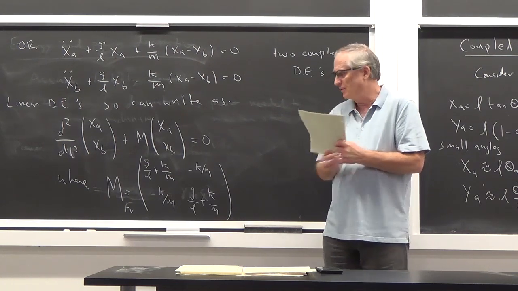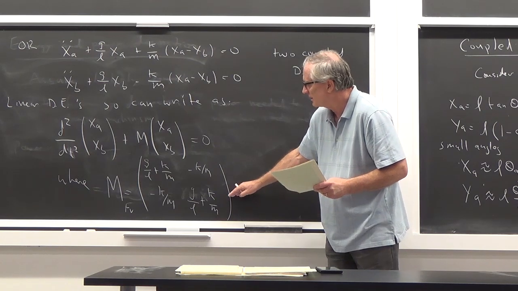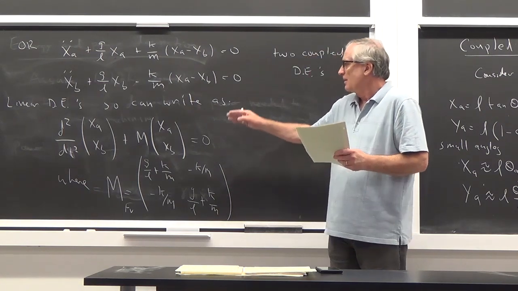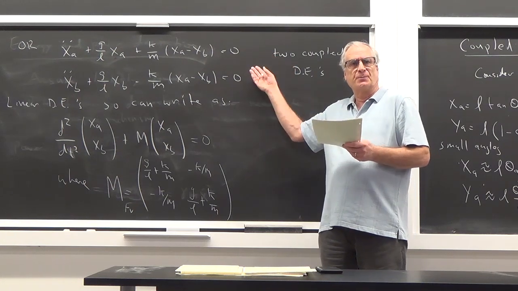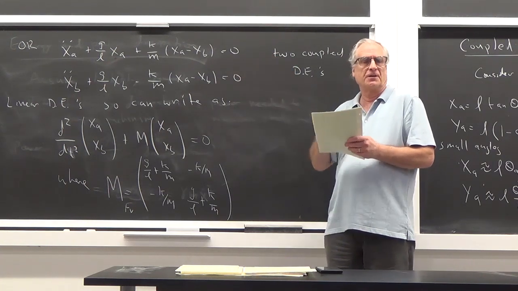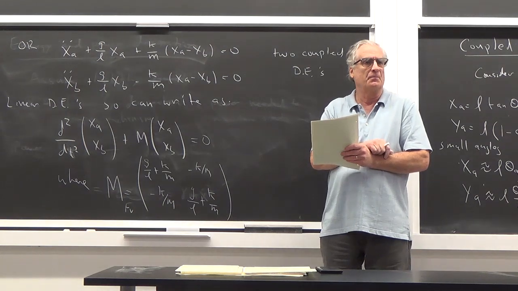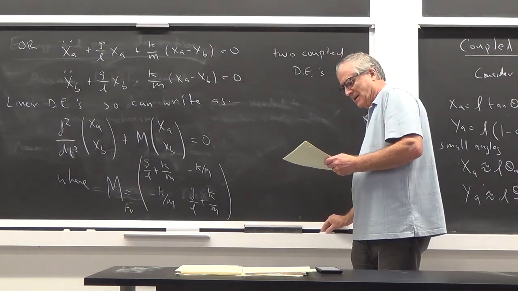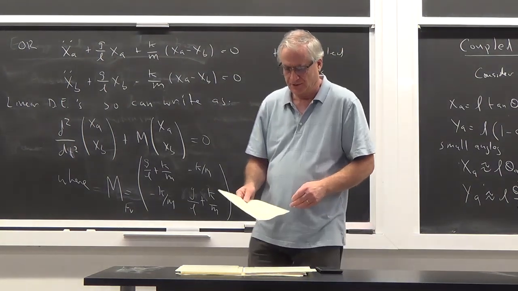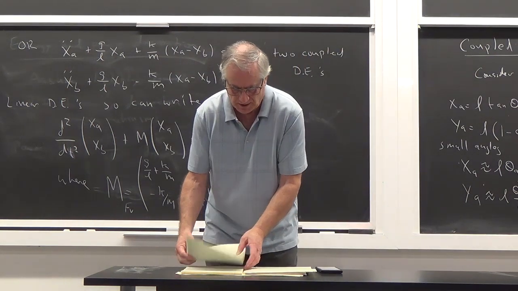So all we have to do is find a rotation that diagonalizes this. That will decouple the equations. We can solve the 2 equations independently and then plug it back in for x sub A and x sub B if that's what we want. So that's the program. It brings us to eigenvalues and eigenvectors too, but that's for next time.